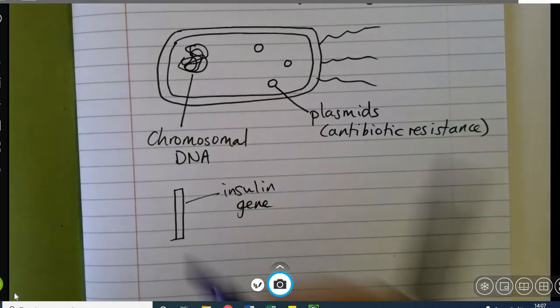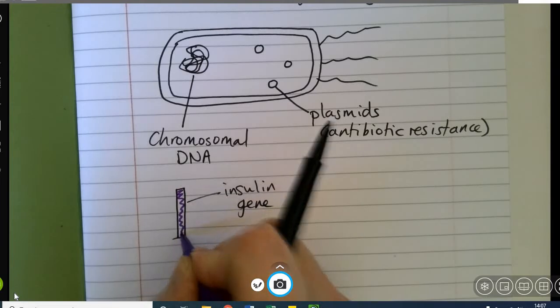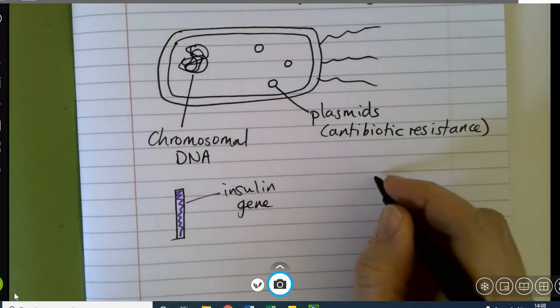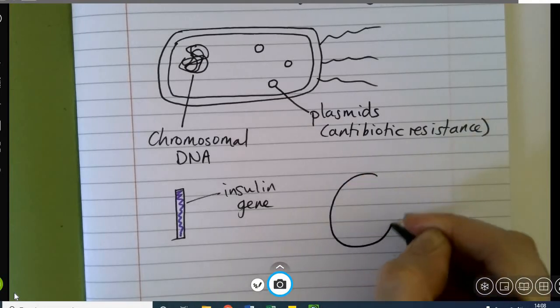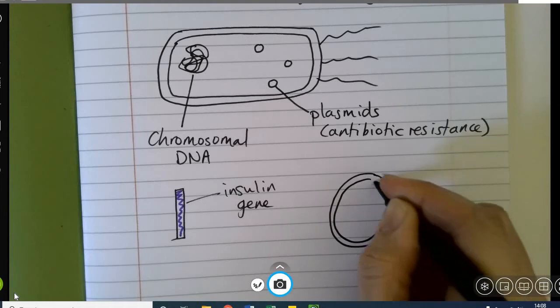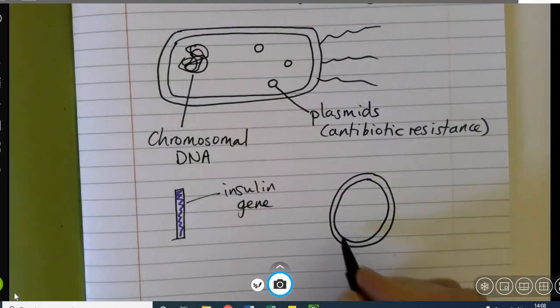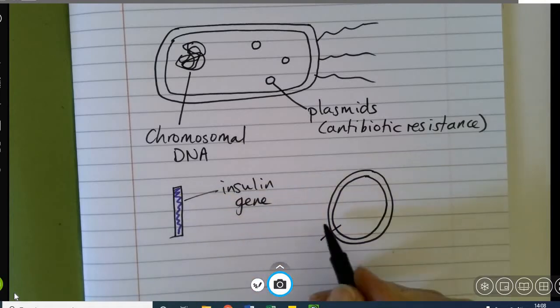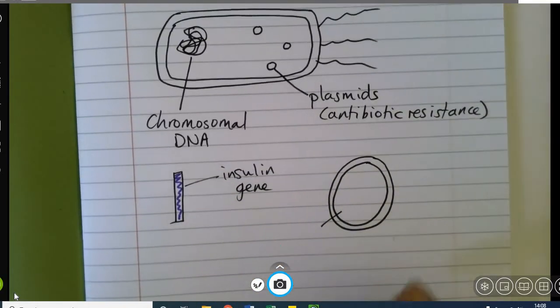So let's colour this in. We've got an insulin gene there, and I've got my plasmid, which is just a ring of DNA from the bacteria. And what I can do is cut a certain point on this plasmid, and then insert this insulin gene in there.